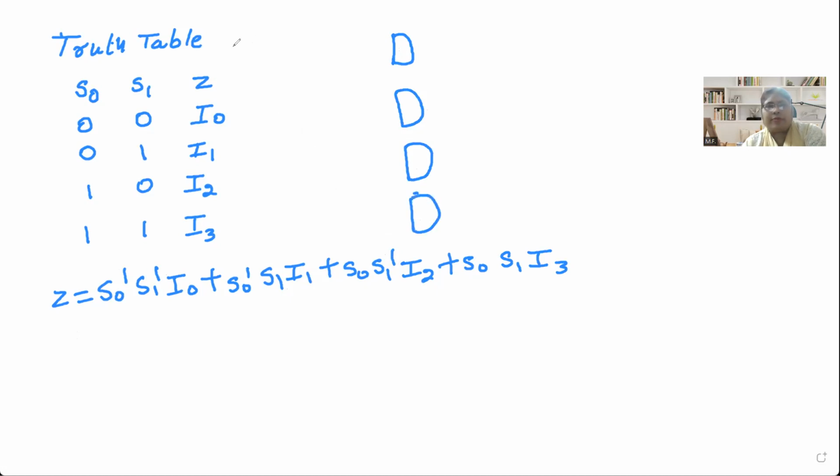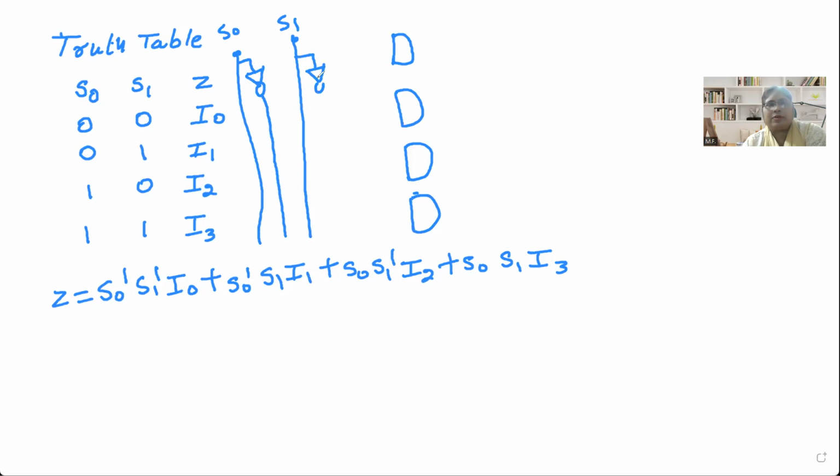So I'm taking here S naught. Let this be the S naught. Taking the complement of this, this is S naught dash. Now take S1. Take the complement of this. So now this is S1 dash.